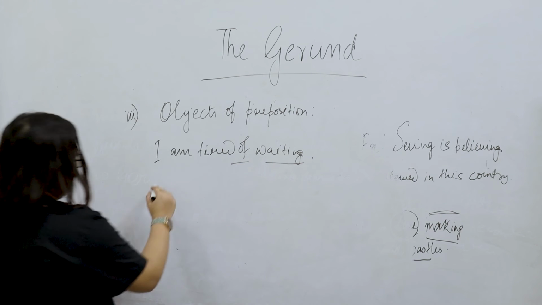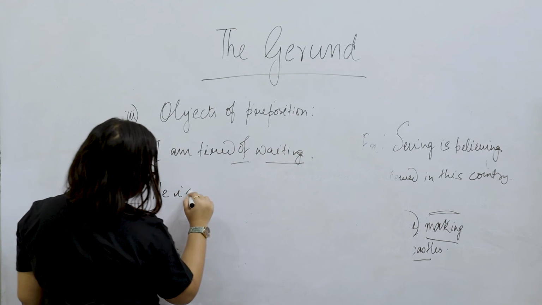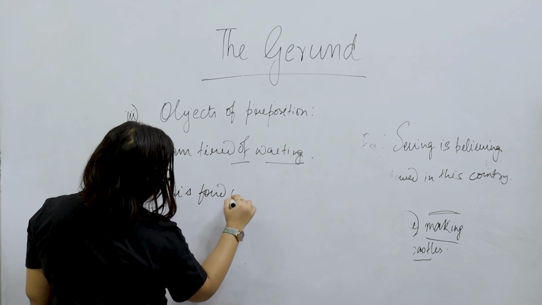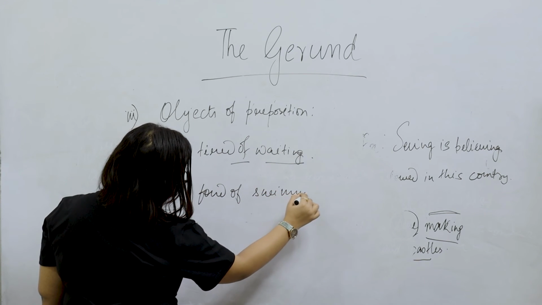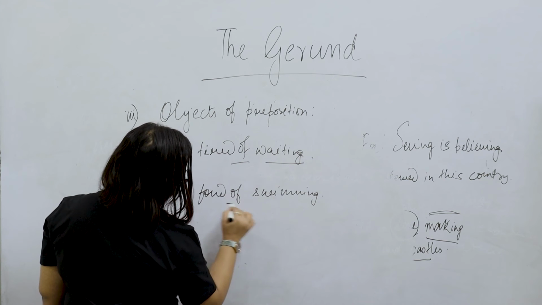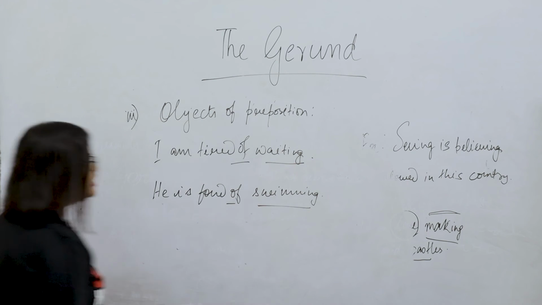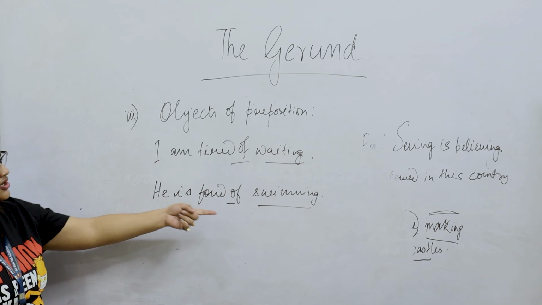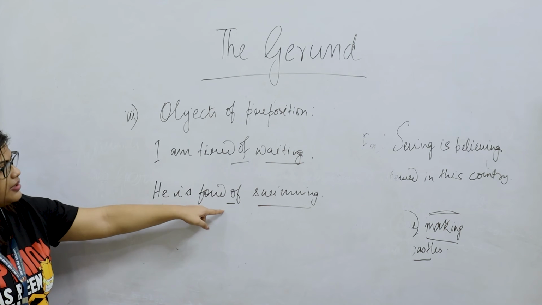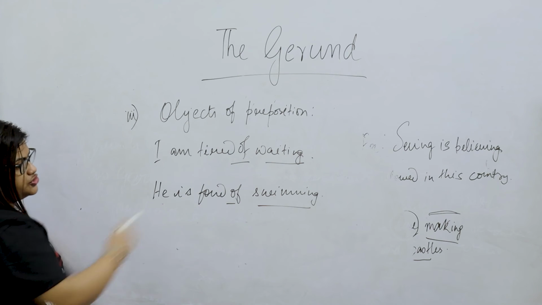Then we can say, he is fond of swimming. Here again we are using this as the object of preposition, and it is again being preceded by the preposition.